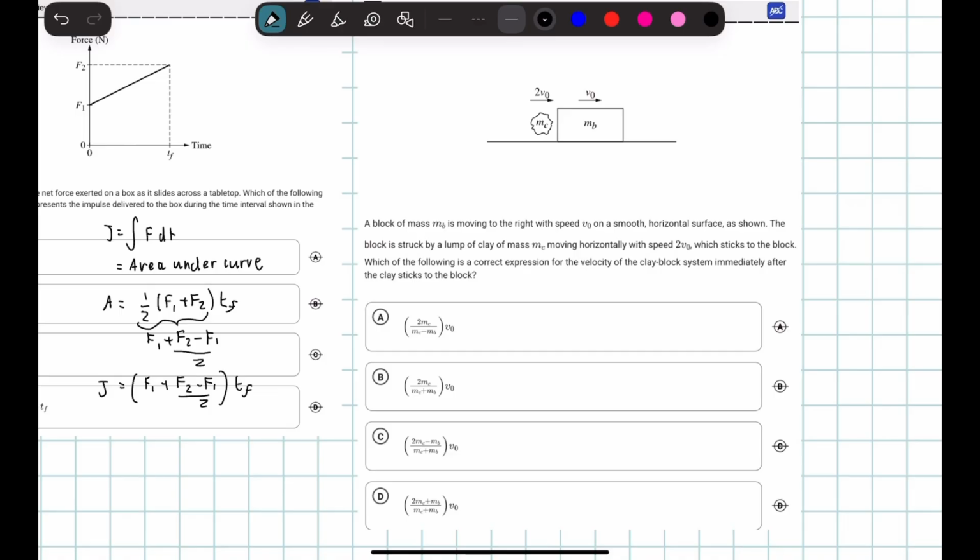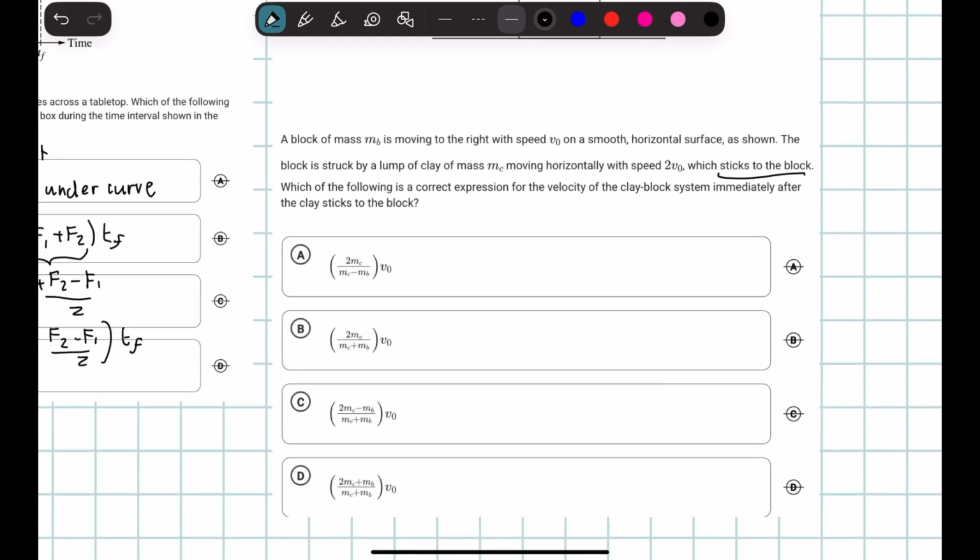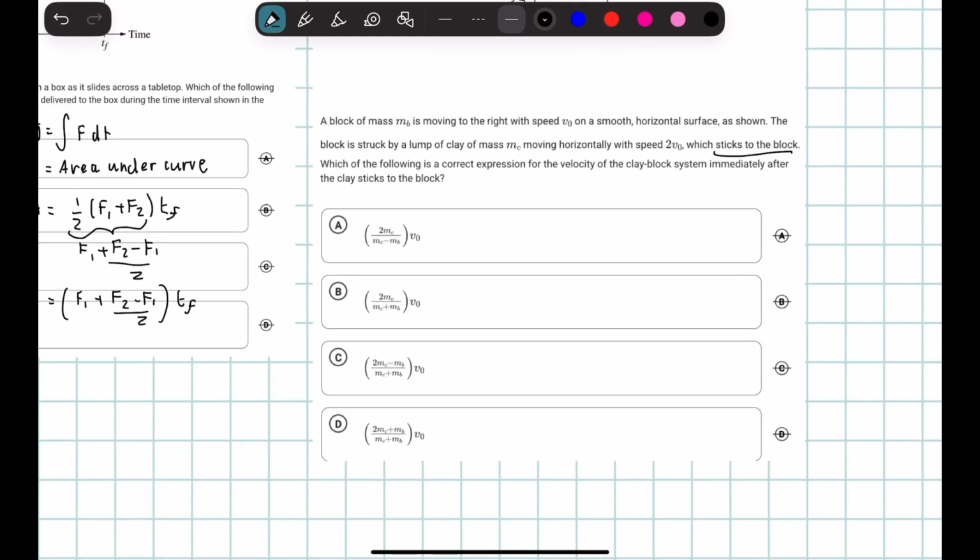So horizontally, it sticks, so we know that it is a perfectly inelastic collision. And what is a characteristic here is that we have the conservation of momentum.